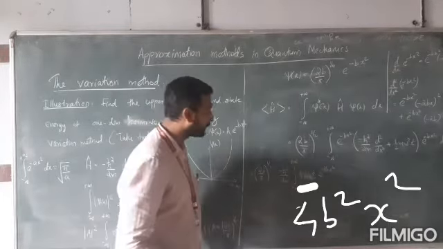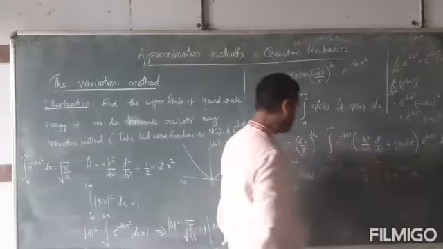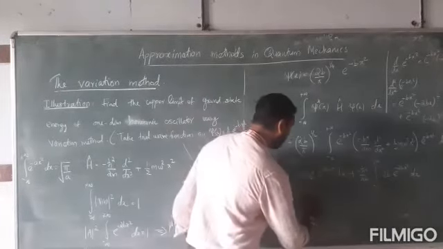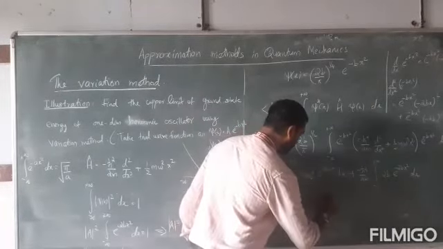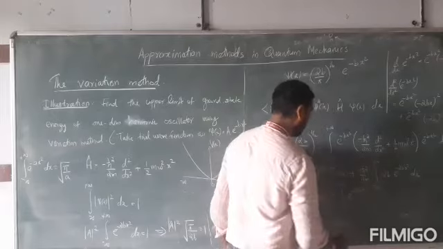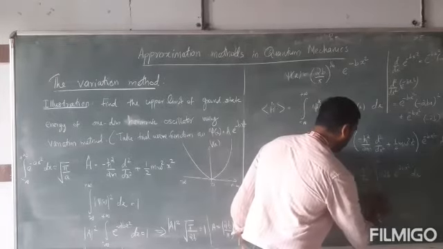The second term will be minus h bar square by 2m, integral from minus infinity to plus infinity of minus 2b e raised to minus bx square dx, and the third term will be plus half m omega square integral from minus infinity to plus infinity of e raised to minus bx square x square dx.